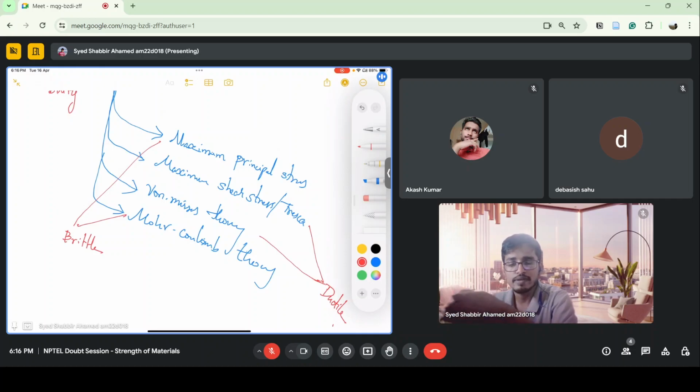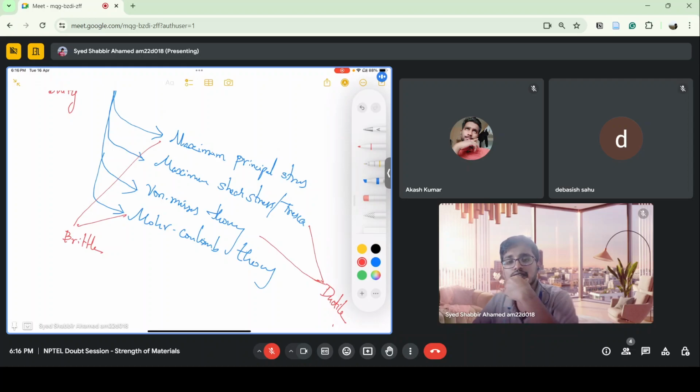We have to design it and then make it. So what we can do is take a small specimen and conduct the tension test. By conducting the tension test, we can get the yield stress of the material.